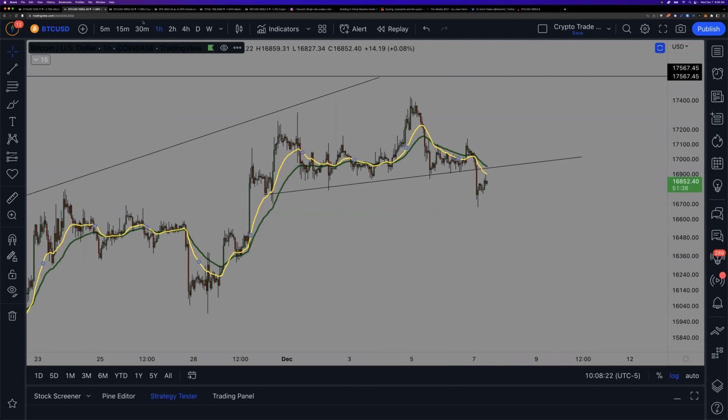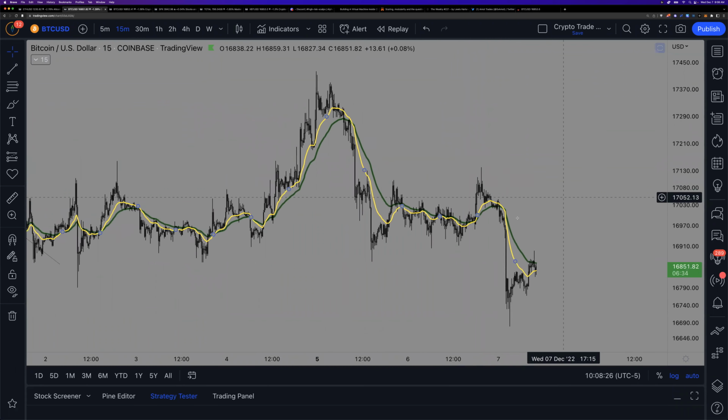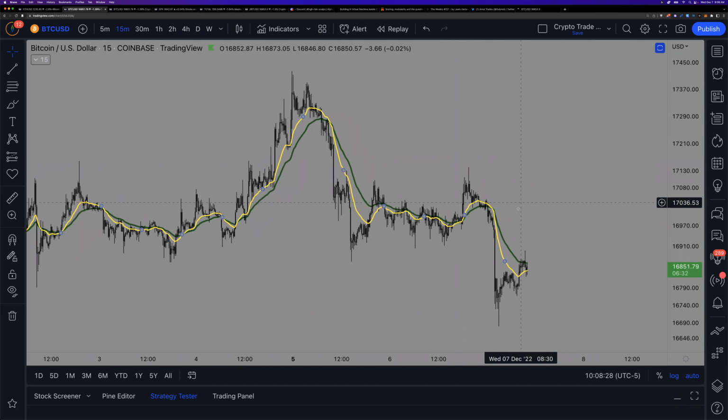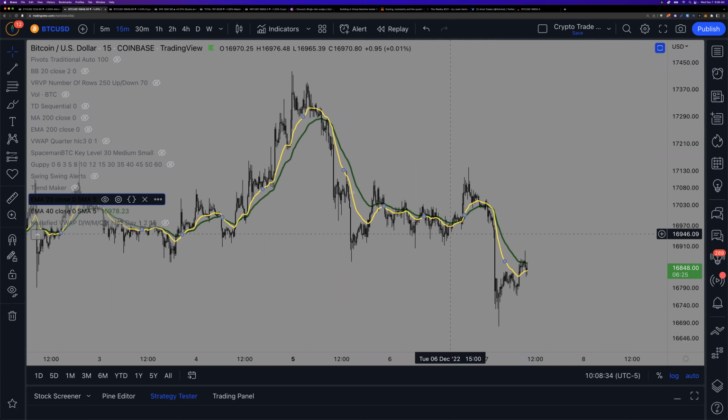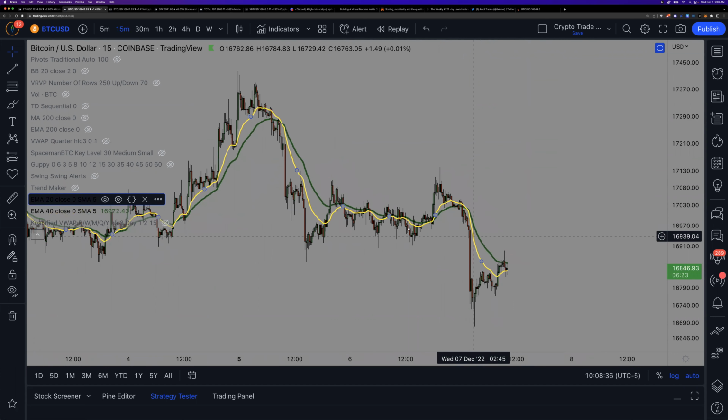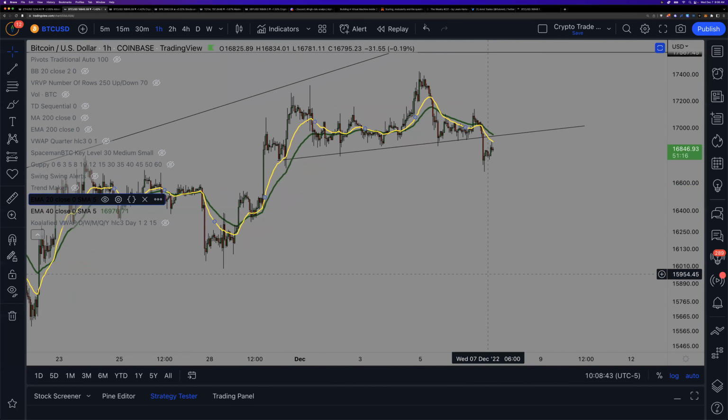So what we have right now is, you could see 15-minute momentum, right? When the 20 and the 40 have flipped bearishly, when the green is above the yellow, meaning the 40 is above the 20, you should recognize that the market has switched momentum to the downside. This is on a 15-minute basis. So on a 15-minute basis, momentum is pointing to the downside. On an hourly basis, momentum is pointing to the downside because you can see the bear cross happened right there.